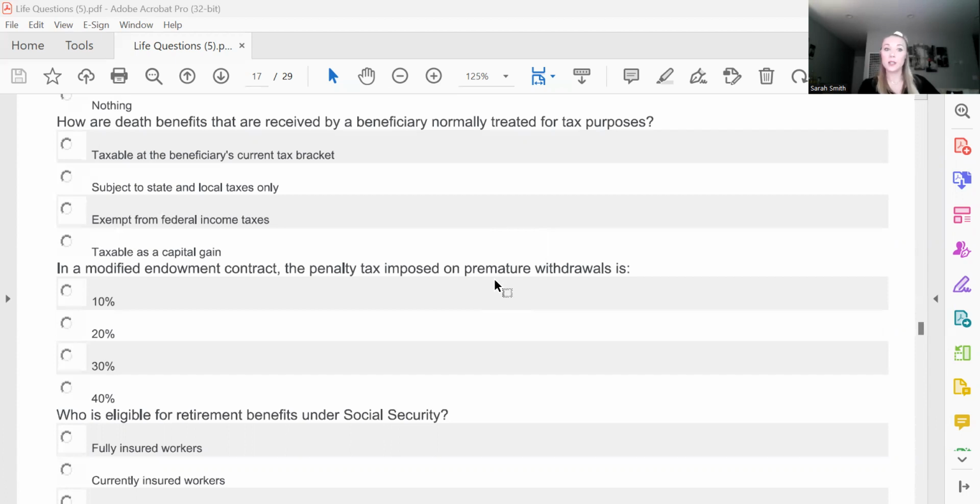So your answer is C, exempt from federal income taxes. This is true. Life insurance death benefits are exempt from income taxes. They are not, however, exempt from estate taxes.